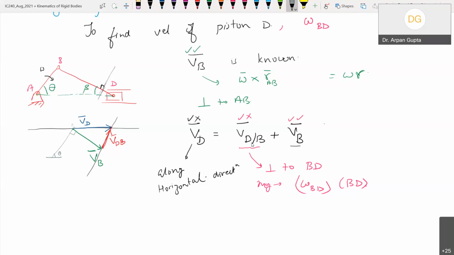If this angle is theta, then this is 90 minus theta, and therefore this angle becomes theta, right? So this angle is theta, and if this is theta, then this angle is 90 minus theta. This we know.